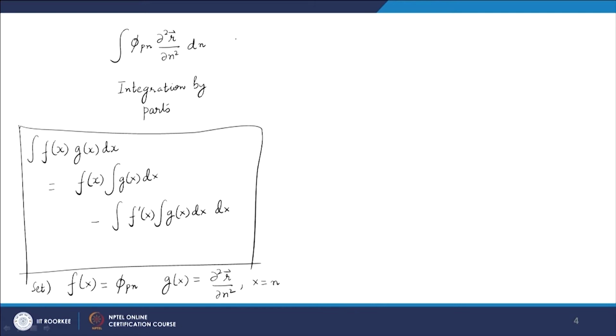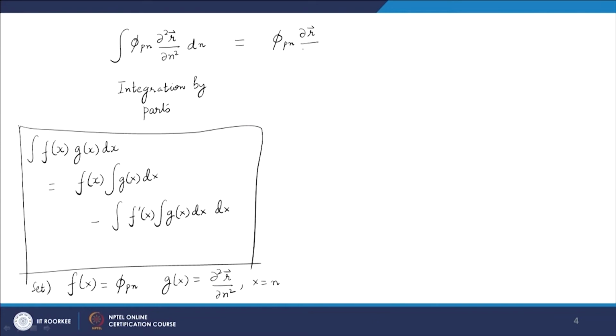So, now this is equal to phi_p(n), and we integrate g of x, that is my ∂²r/∂n². So, if I integrate the second derivative, I will get the first derivative, from 0 to n, minus the integral of ∂phi/∂n.